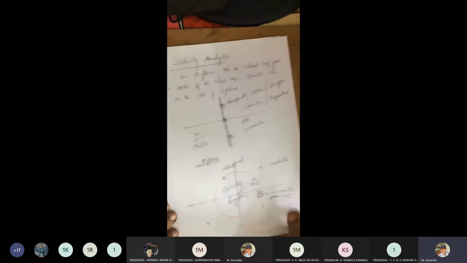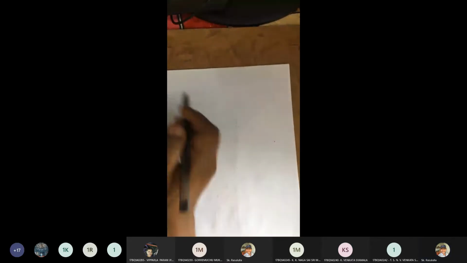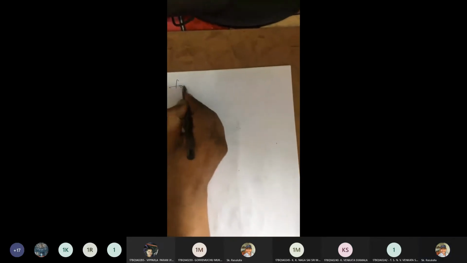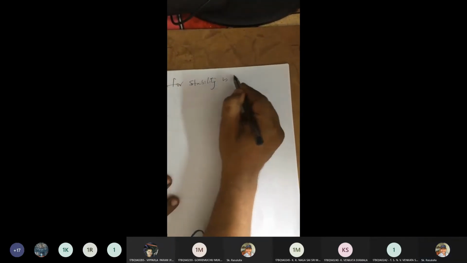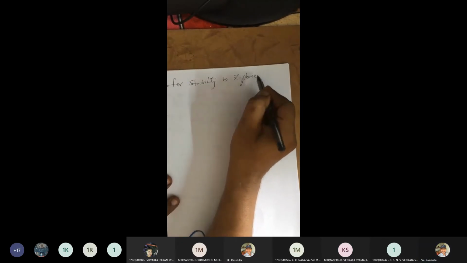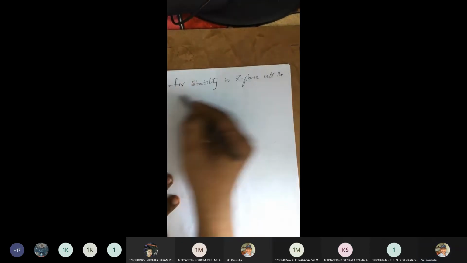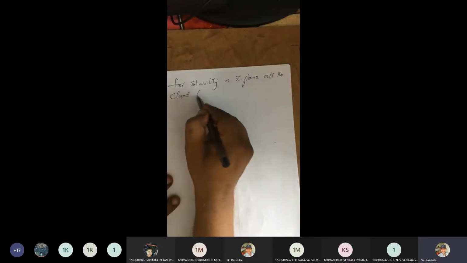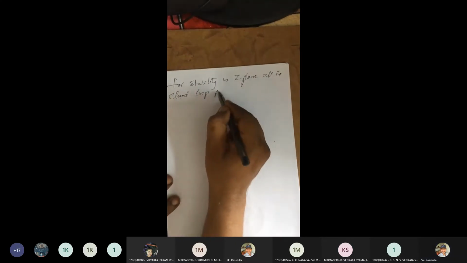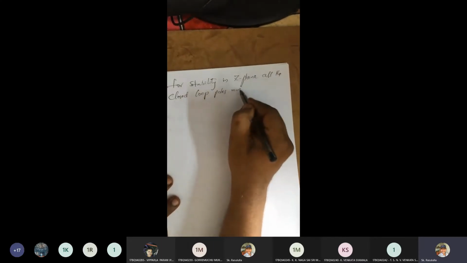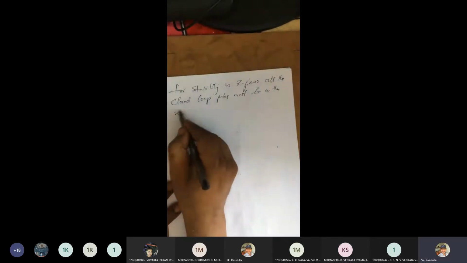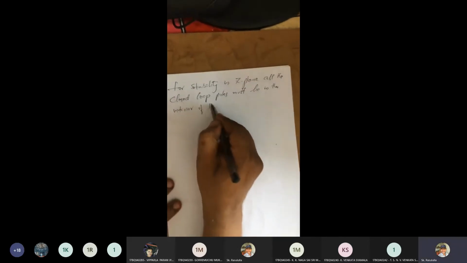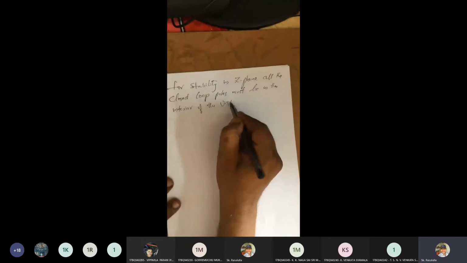That means let us write the condition for stability in Z plane. For stability in Z plane, all the closed loop poles must lie in the interior of the unit circle.